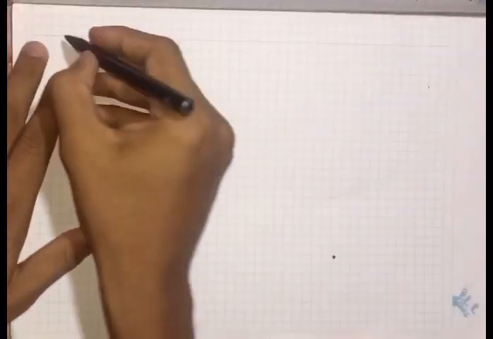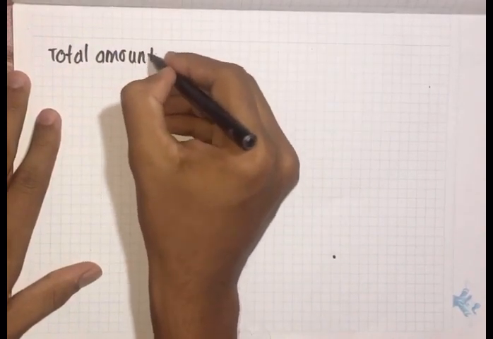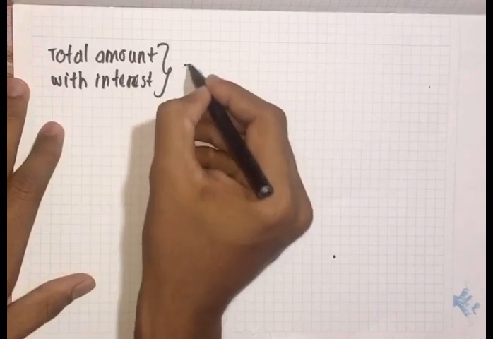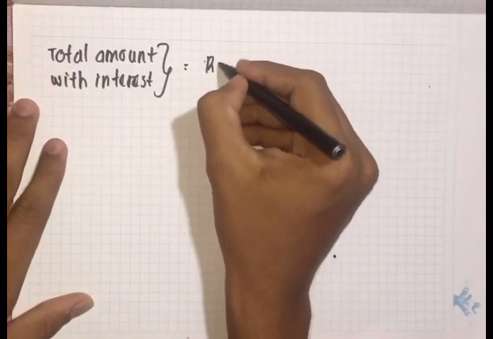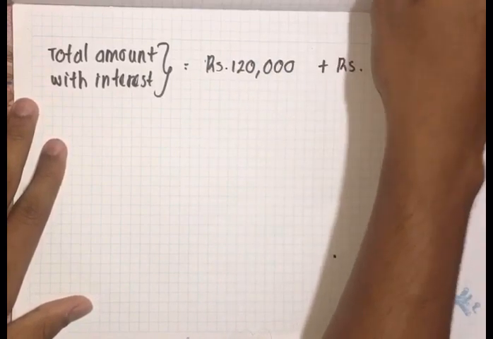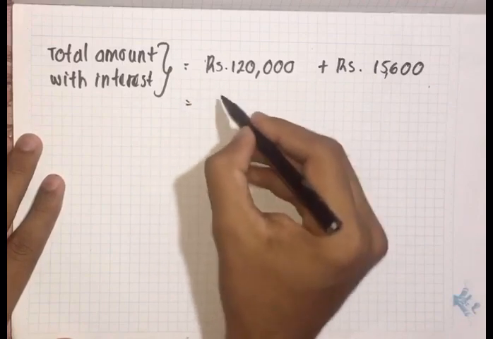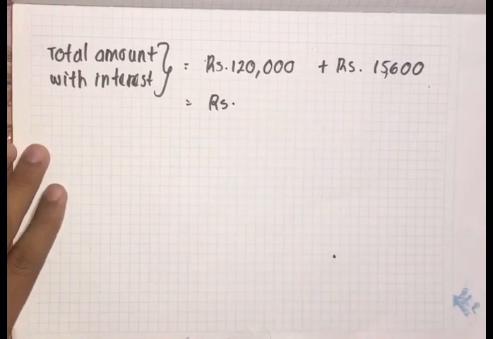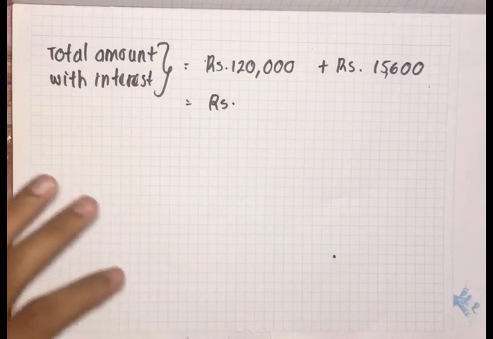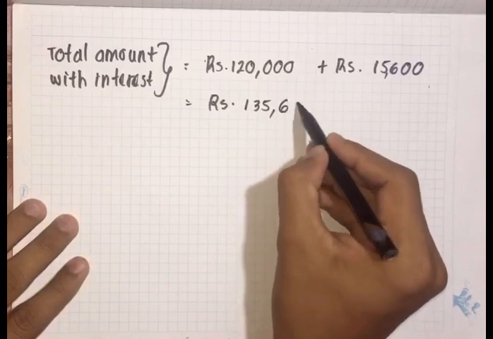Now the total amount with interest. You have a balance of 120,000 to be paid, so with this 120,000 you have to add the interest you got, 15,600. That should give you a total of 135,600.